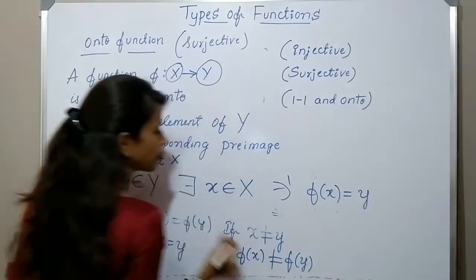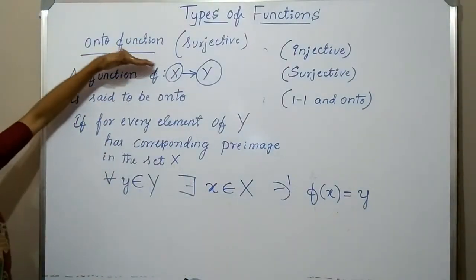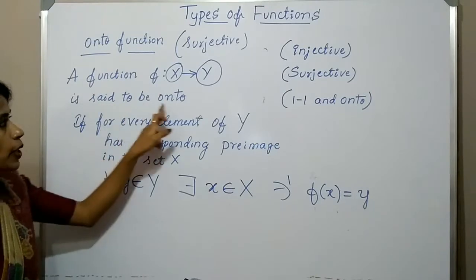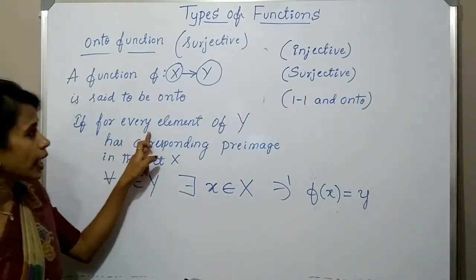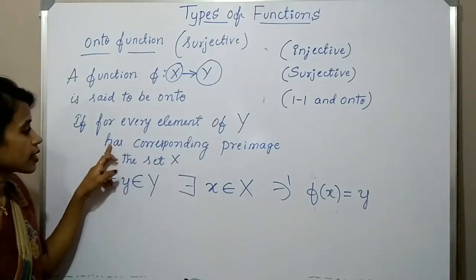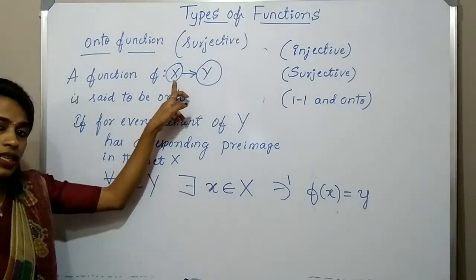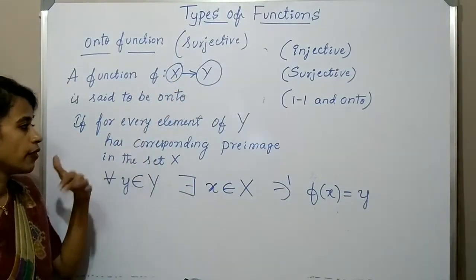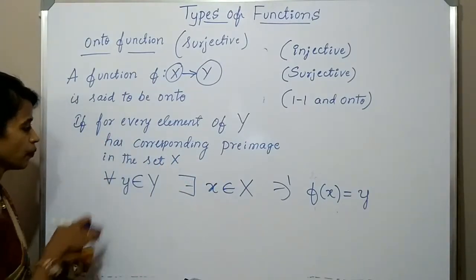It means the image of x is y. A function f from X to Y is said to be onto or surjective if every element of the codomain Y has a corresponding pre-image in the domain X.